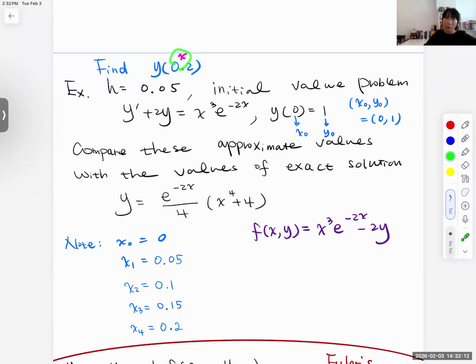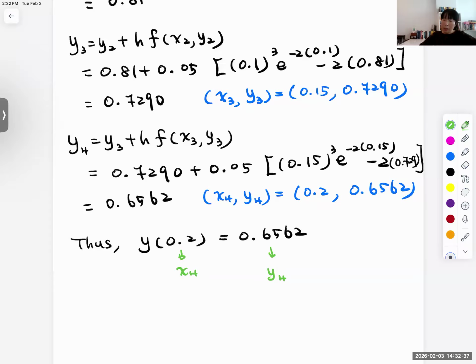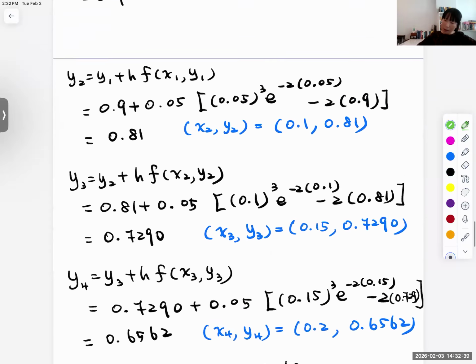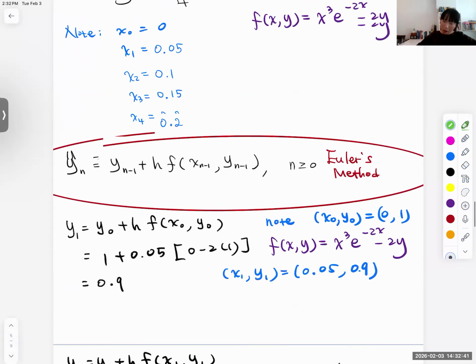So in that case, x is x sub 4, so y of 0.2 is 0.6562, which is y sub 4. Make sense?